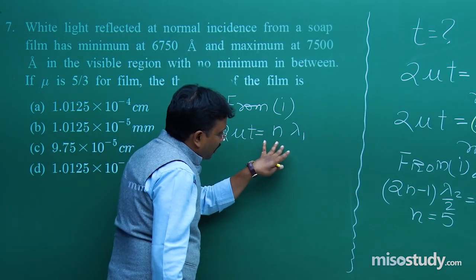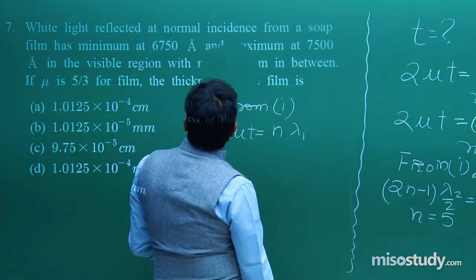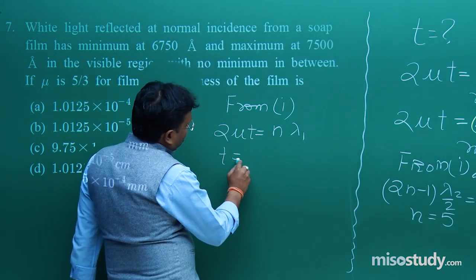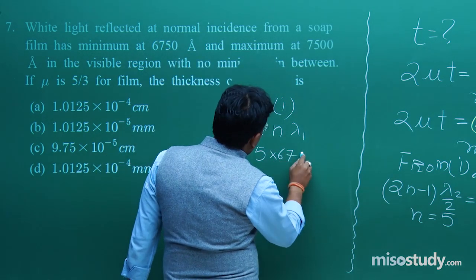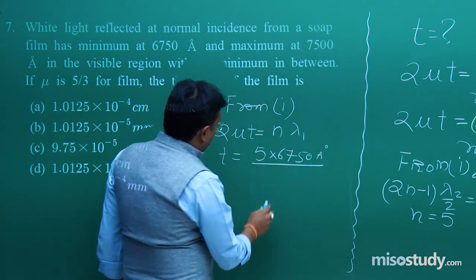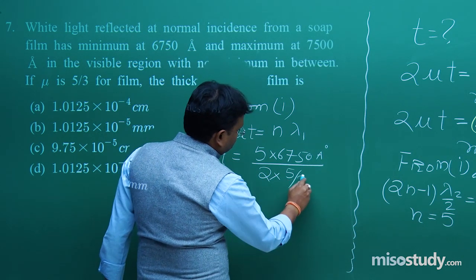The value of n is 5, lambda 1 is 6750, so t is equal to 5 into 6750 angstrom upon 2 into 5 by 3.